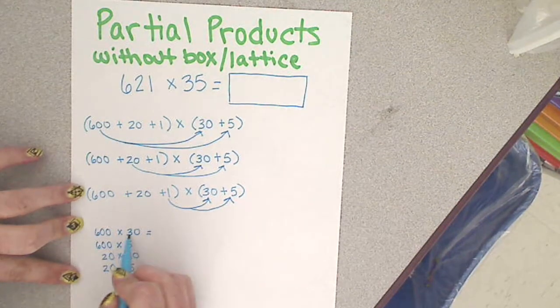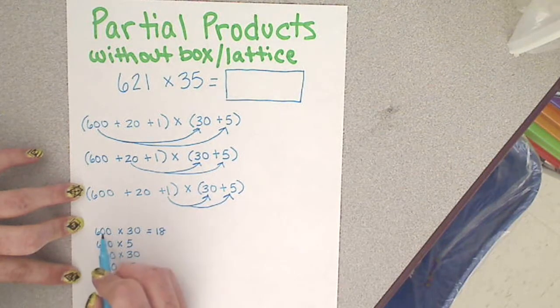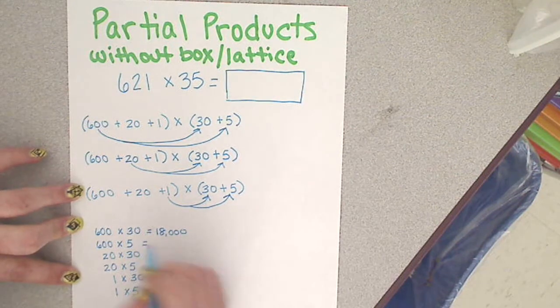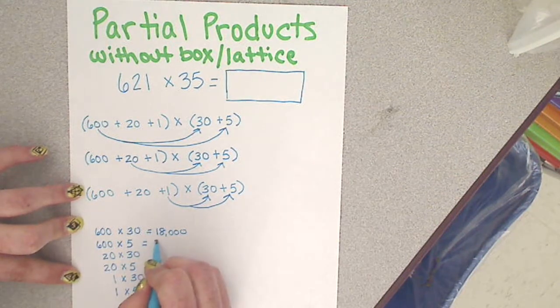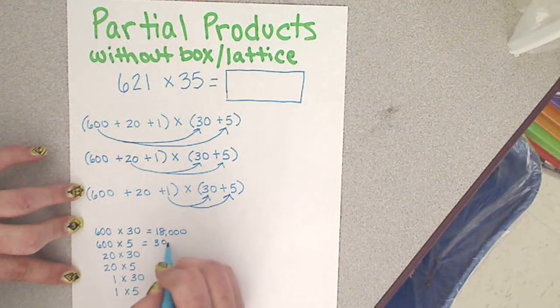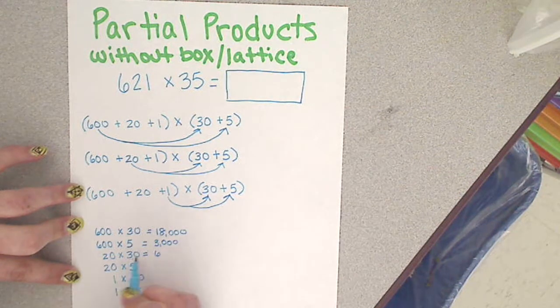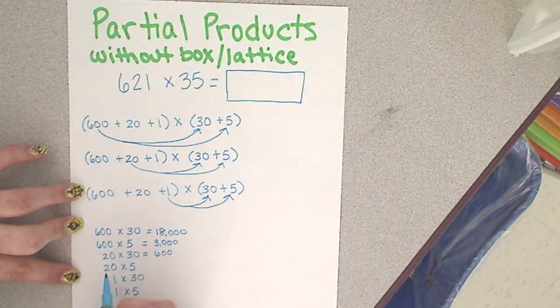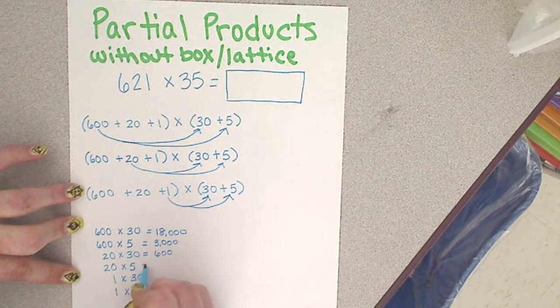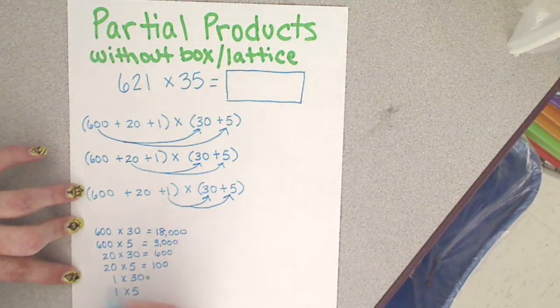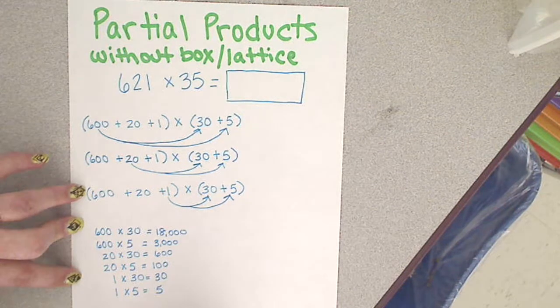600 times 30, 6 times 3 is 18, and I have 3 zeros. 600 times 5, 6 times 5 is 30, and I have 2 zeros. 20 times 30, 2 times 3 is 6, and I have 2 zeros. 20 times 5, 2 times 5 is 10 with 1 extra 0. 1 times 30 is 30. 1 times 5 is 5.